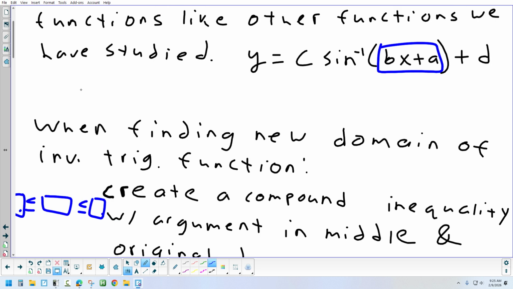So just kind of an example. Let's say I asked you to find the domain of that. What's that 3 going to do to the domain?